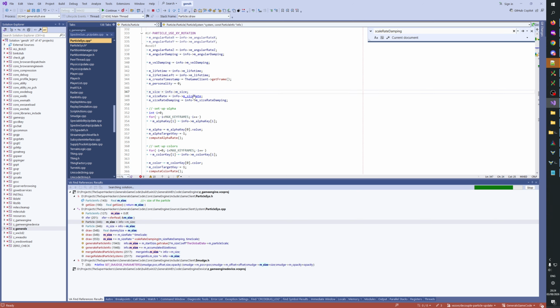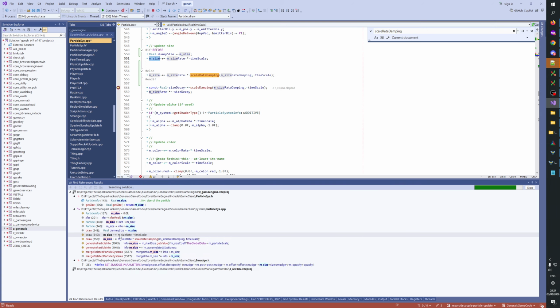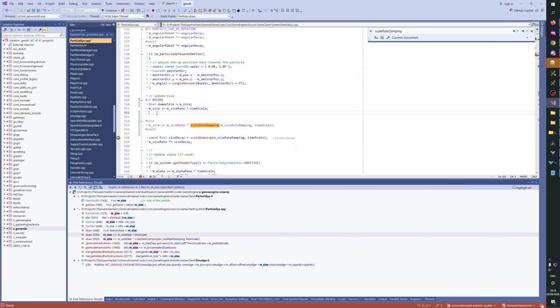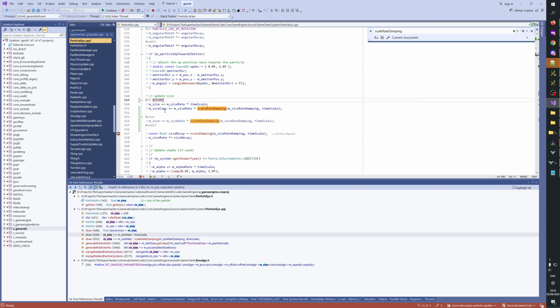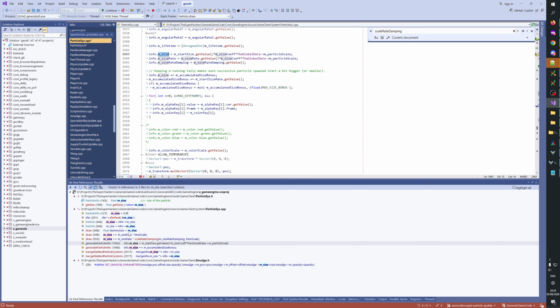Then here we do this, and we do this, and then here we do that. Okay. So we have a size and a size copy. Yeah, and we maintain them at the same time.